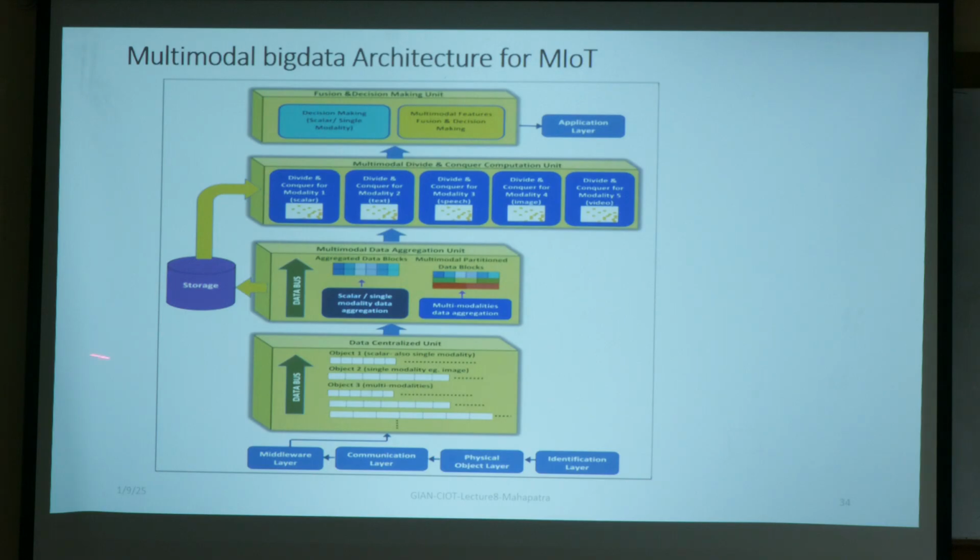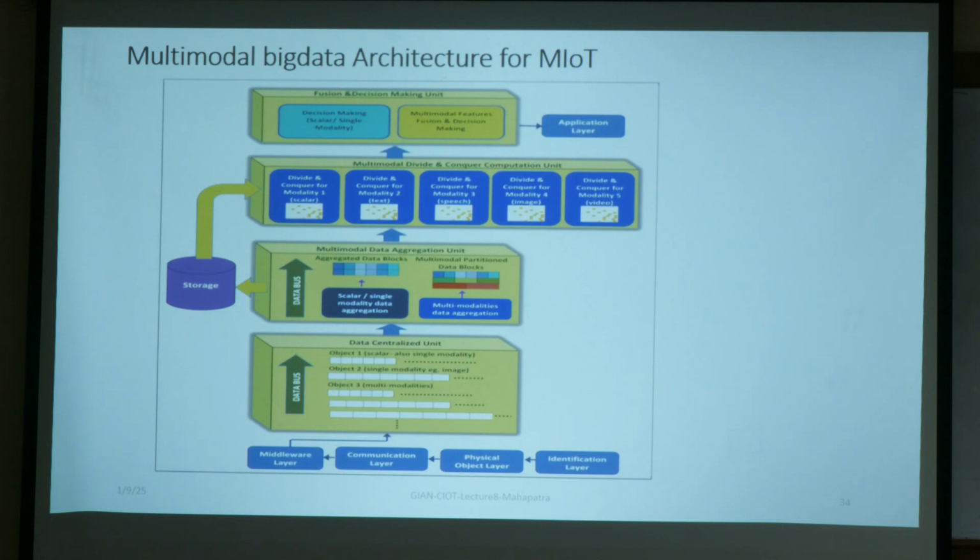Now, you see here each object: object 1, object 2, object 3. This is multimodal. This is single modality, like image. This is single modality, scalar. So that's what we discussed earlier, right? The 3 categories are there, and maybe repeating similar instances later.